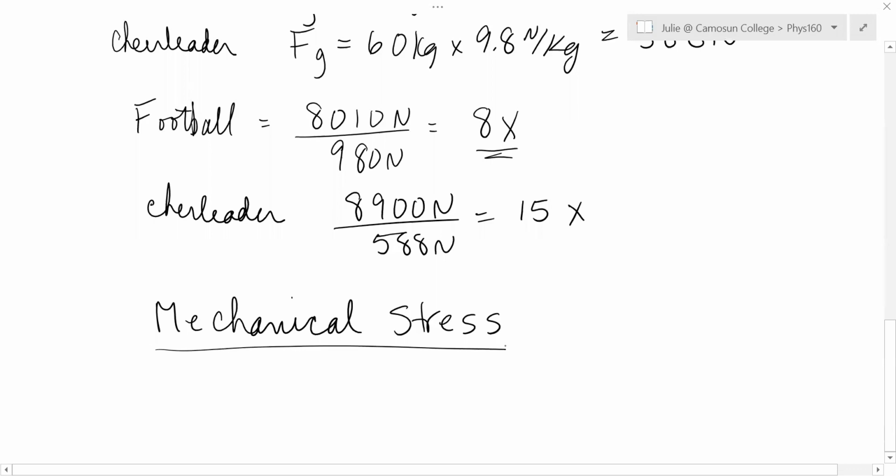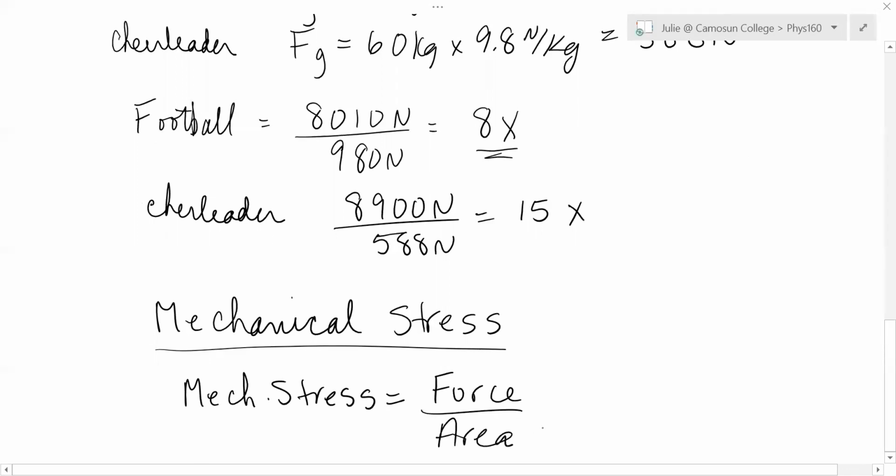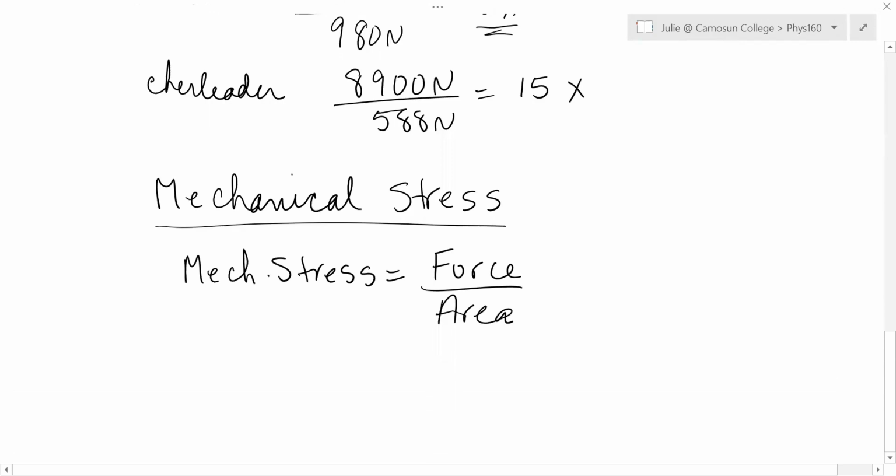So the definition of mechanical stress: we'll say mechanical stress is the distribution of the force over an area. Okay, also called pressure. But in the case of your body, we usually talk about external forces creating stress, and it's usually internal forces that create pressure.